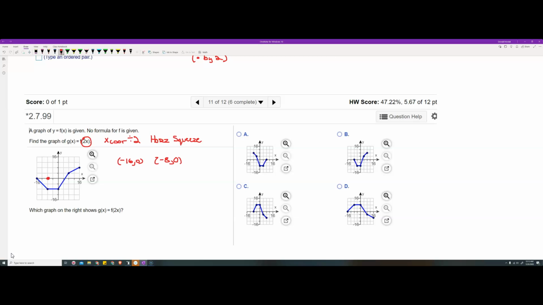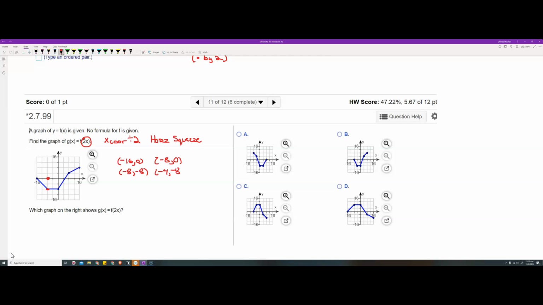All right, this point, let's see, if that's 16, looks like we're counting by 4s. So this is the point (-8, -8), and that point, if I divide by 2, would be (-4, -8).